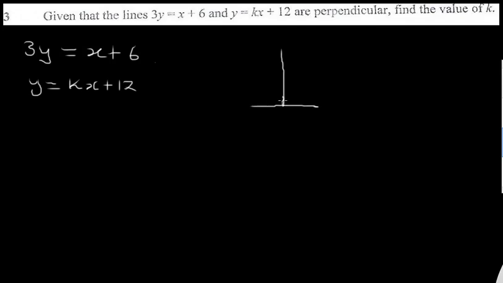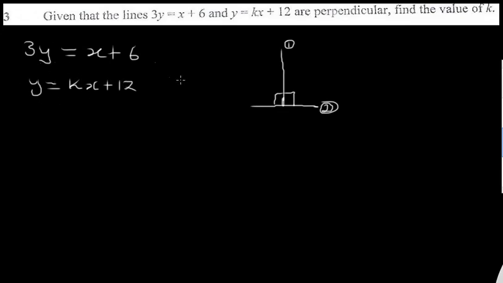So you have 2 lines, and the angle in between the 2 lines is 90 degrees. So assuming this is line 1, this is line 2, we would say line 1 is perpendicular to line 2, right?